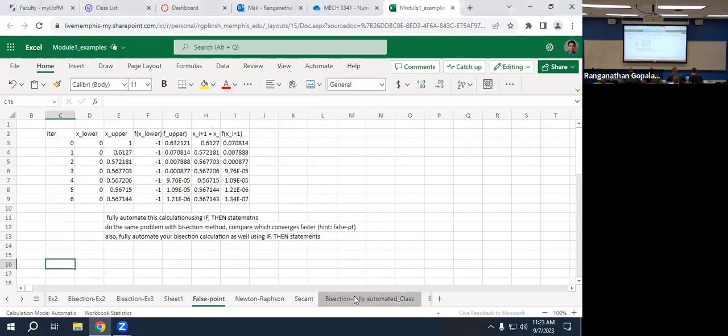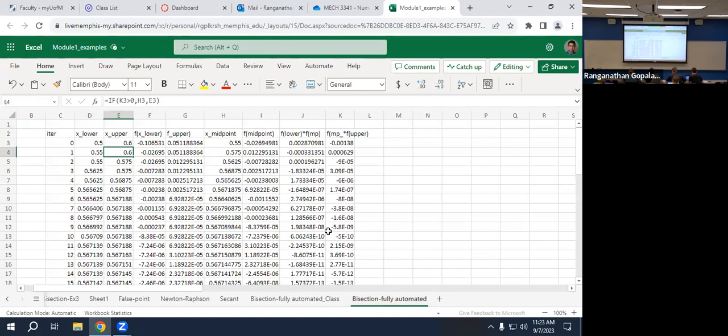Yesterday I had a chance to do this because a student asked some question. So I'm going to use that example and try to show you how we fully automated it.